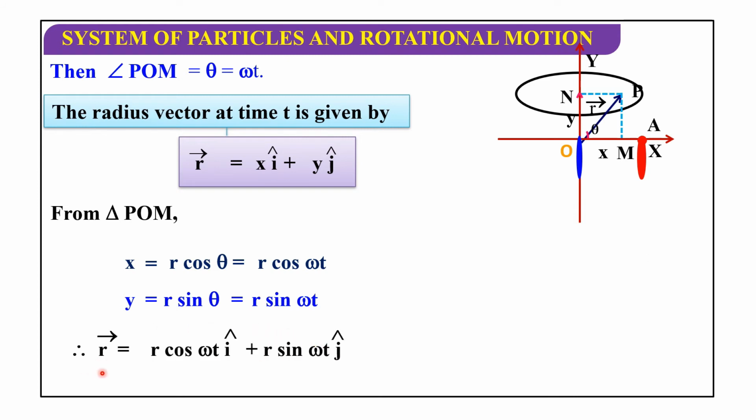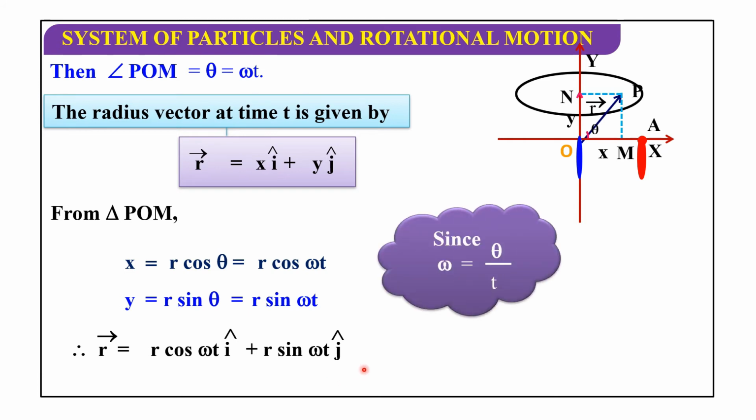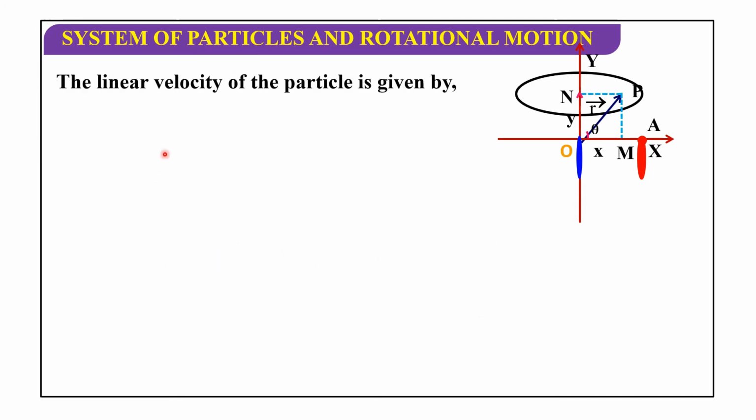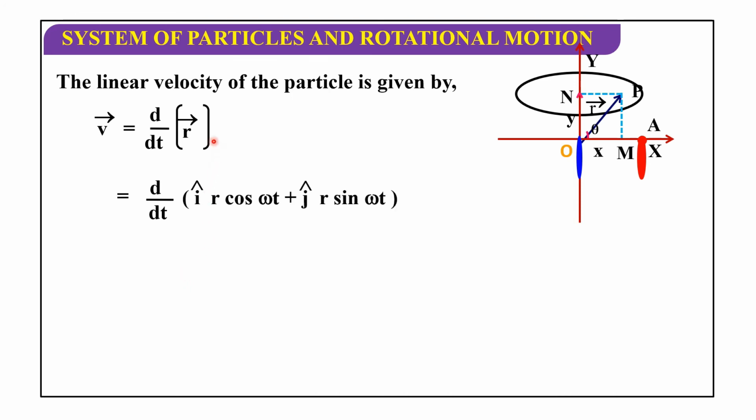So therefore r bar is equal to r cos omega t i cap plus r sin omega t j cap, since omega is equal to theta by t. The linear velocity of the particle is given by v bar is equal to d by dt of r bar, that is d by dt of i cap r cos omega t plus j cap r sin omega t.